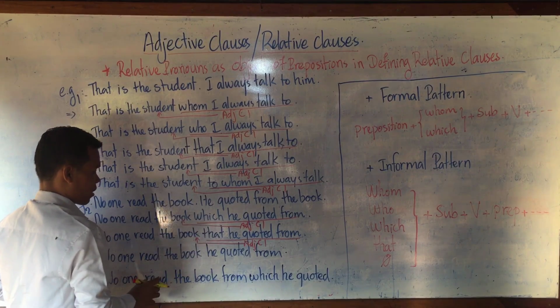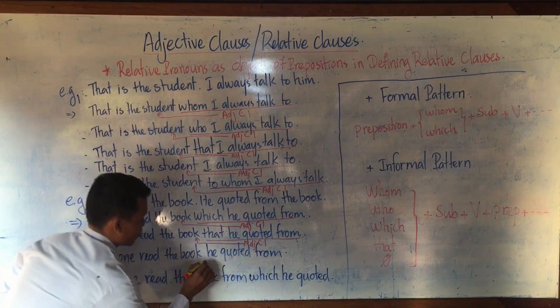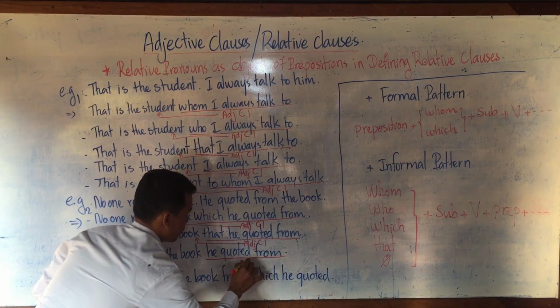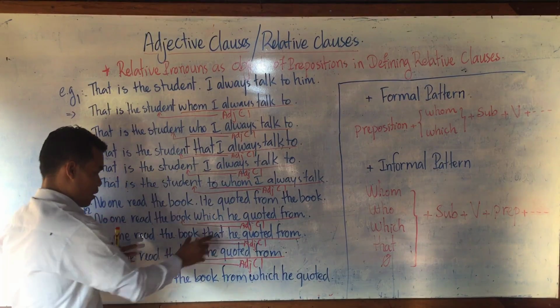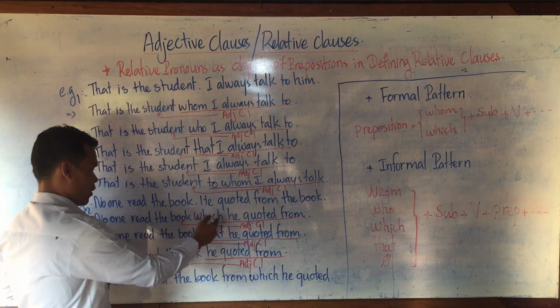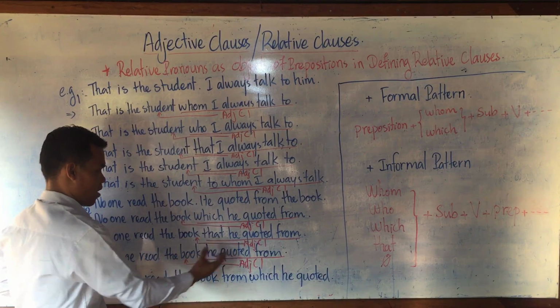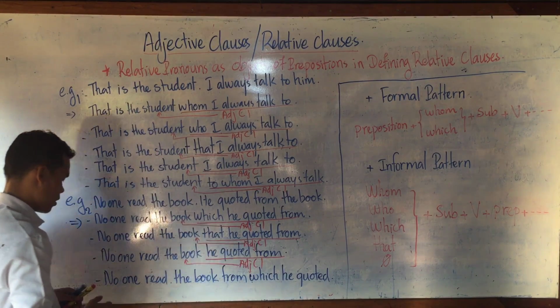In defining relative clauses, we can omit the relative pronoun like this. So no need to use a relative pronoun, and it is still an adjective clause modifying the book. Fourth thing, we can write these 3: one with which, the other with that, and one more without which or that at all, when the preposition comes at the end of the sentence or clause.